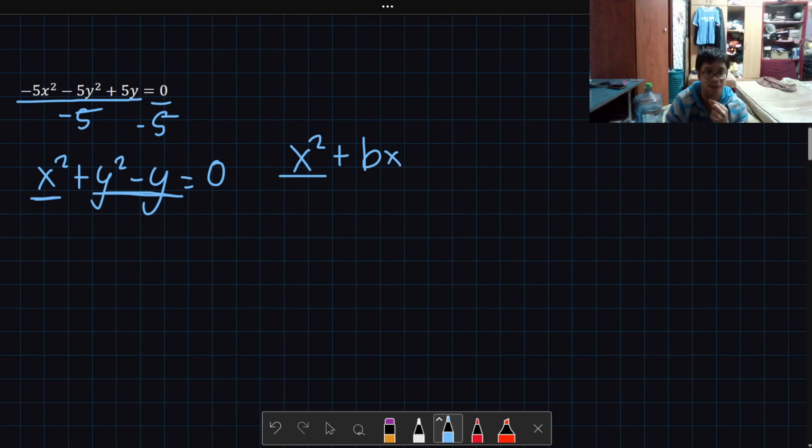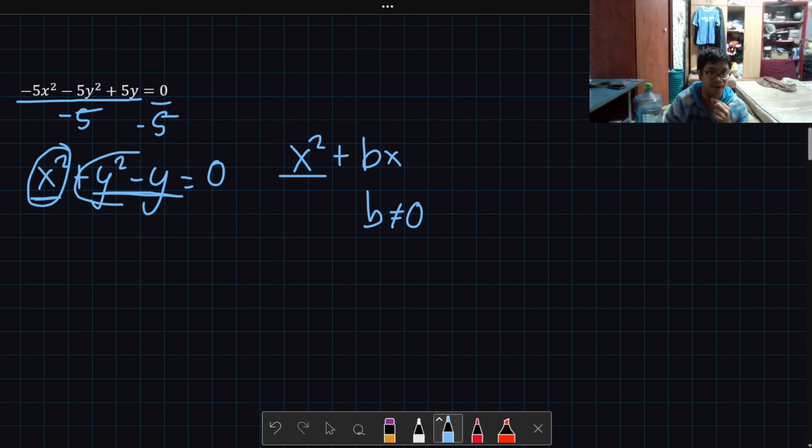If we have x squared, then we must have bx, where b should not be equal to 0. Basically, there exists an x variable. In this case, we have only x squared. So, should we do completing the square? No, we're not going to do completing the square. Instead, we're going to leave it be.